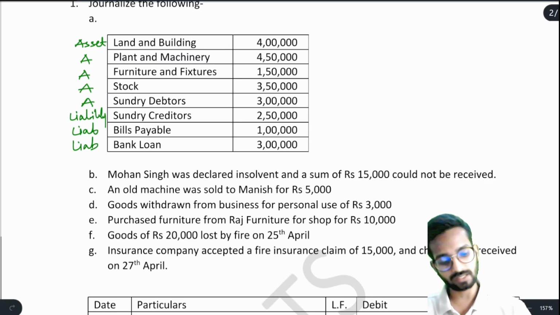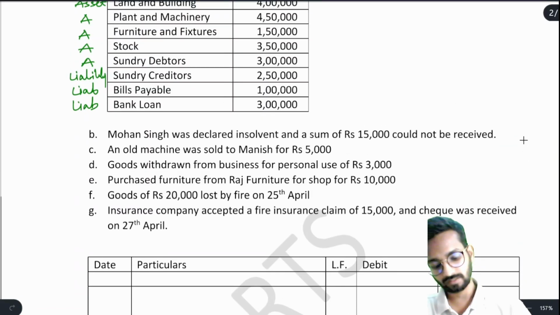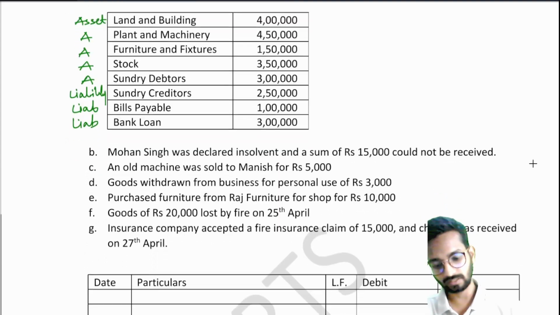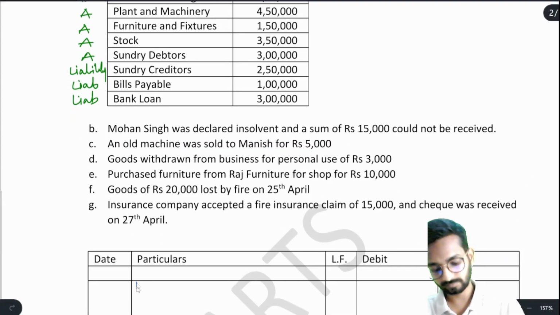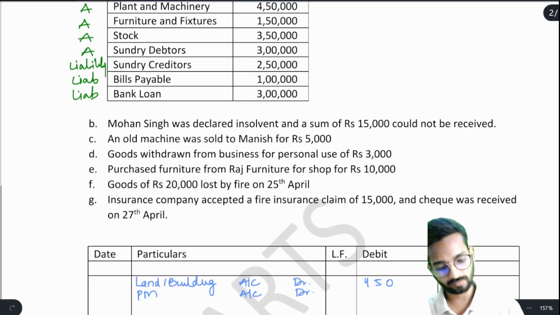So now when we have to pass the journal entry, what do we write? Land and building, plant and machinery account debit, 4 lakh, 4,50,000.